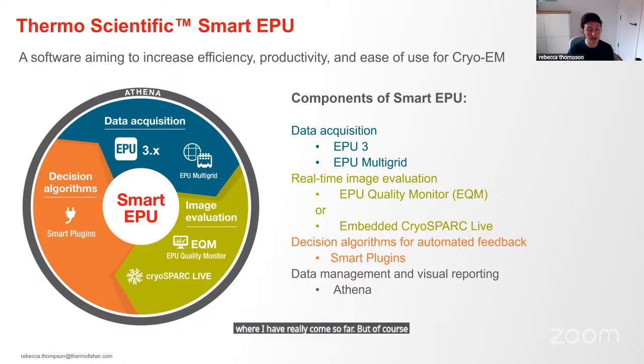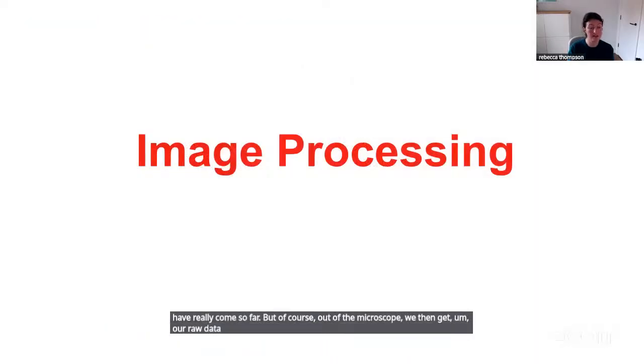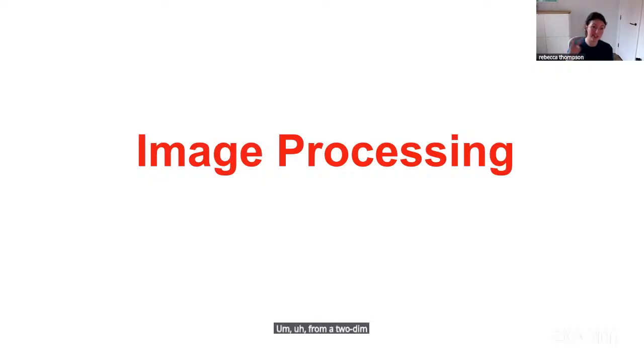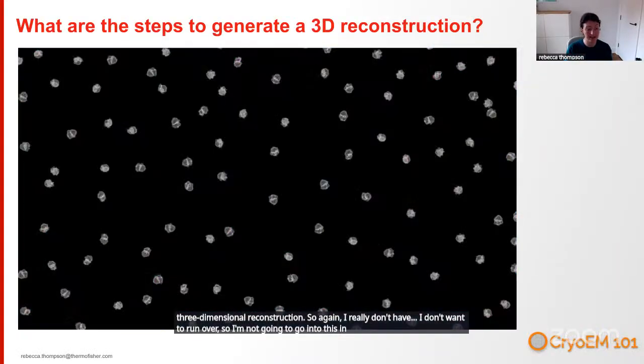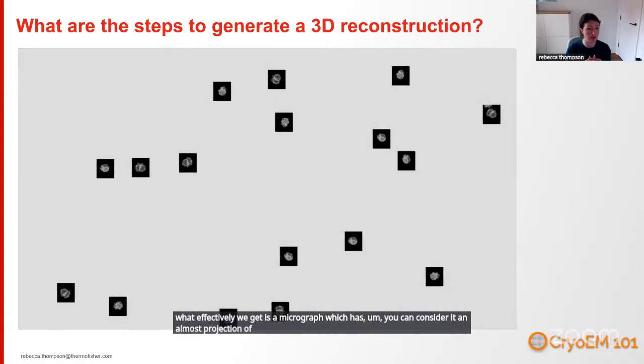But of course, out of the microscope, we then get our raw data, our micrographs, and we then need to process these from a 2-dimensional image into our high-resolution 3-dimensional reconstruction. So again, I don't want to run over, so I'm not going to go into this in any detail other than to say what effectively we get is a micrograph, which you can consider an almost projection of our macromolecule of interest.